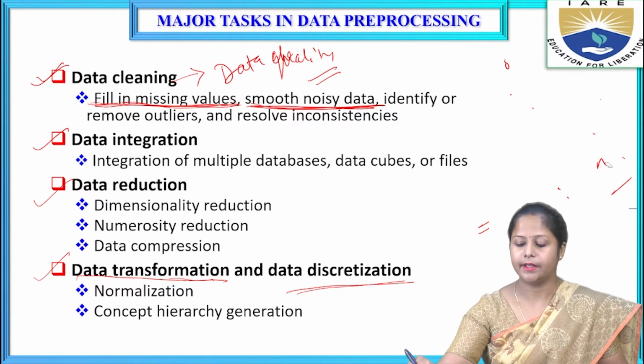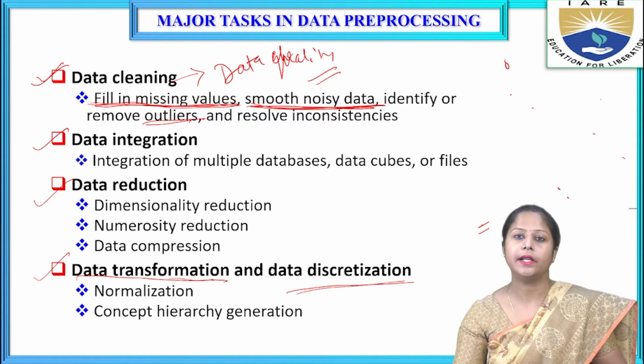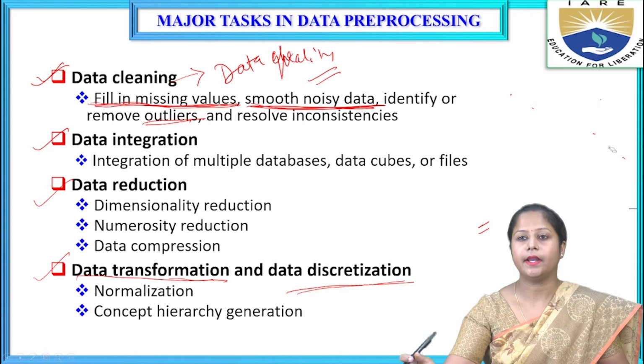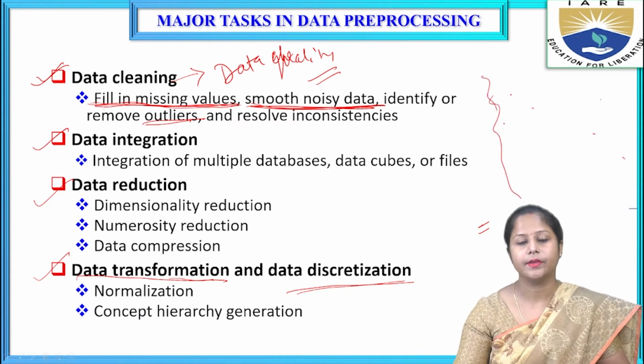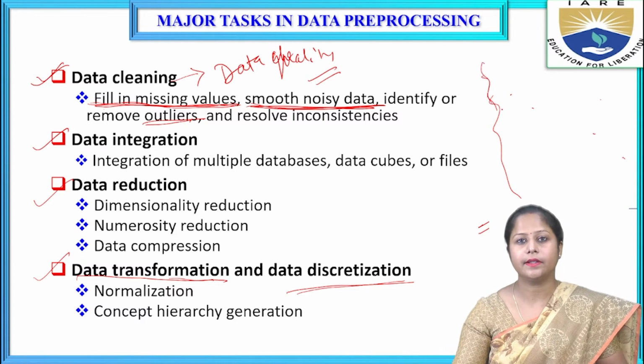Next is identify or remove outliers. So what are outliers? I'll tell. If we have some data records or some data sets, how can we see a data outlier?